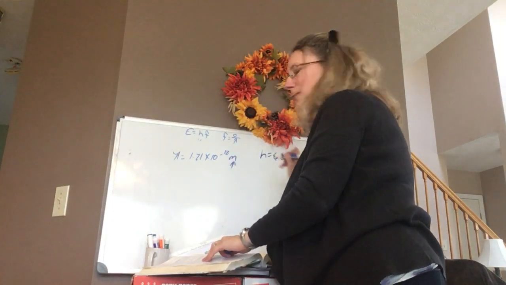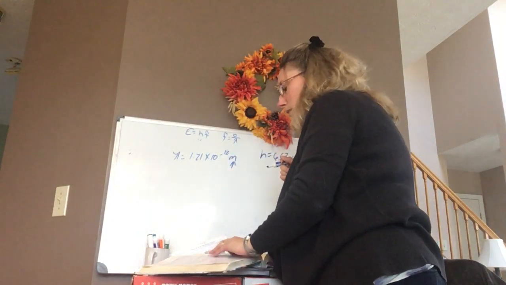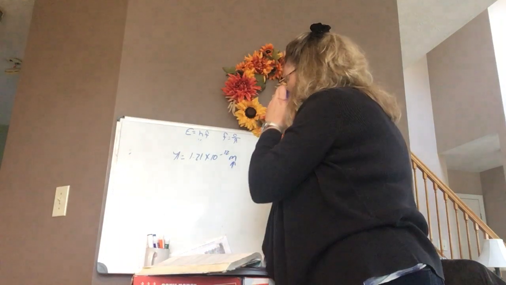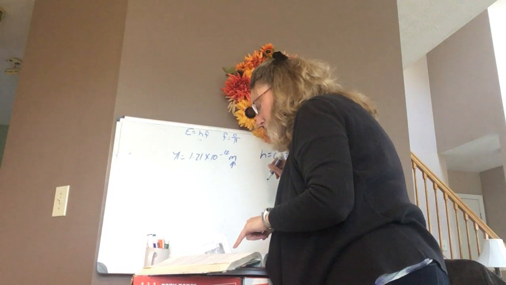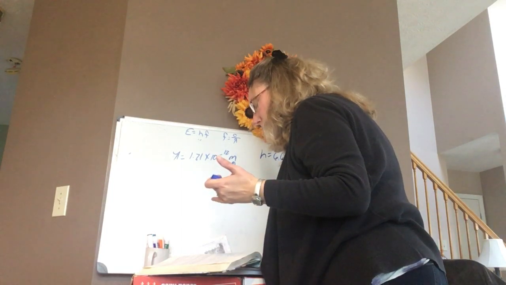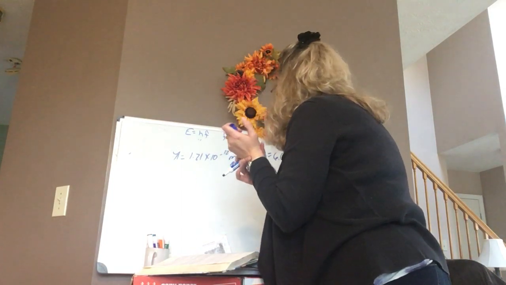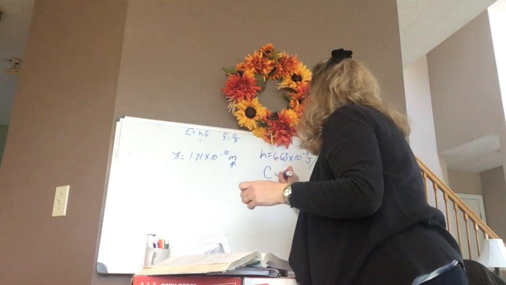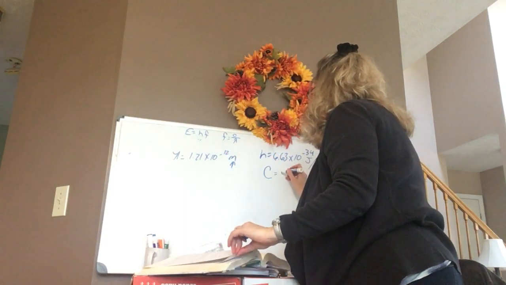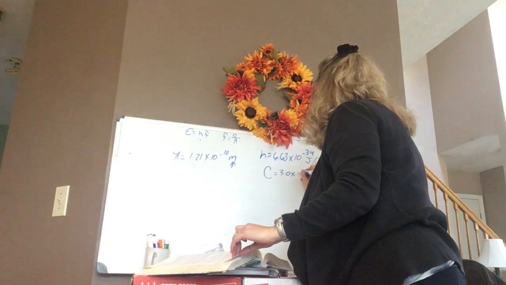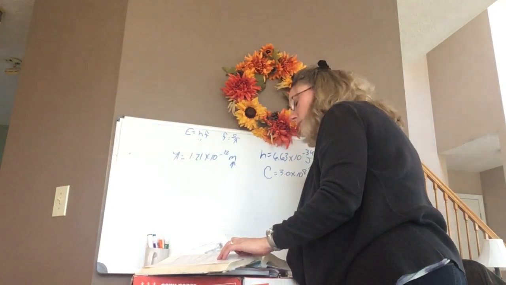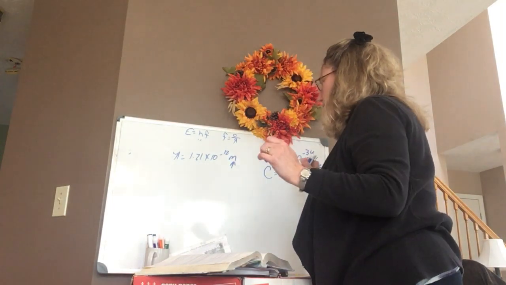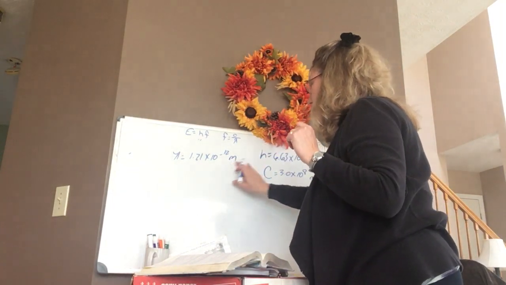Dang it, it's in meters, I have to convert it. What is its energy? Oh, actually, I don't need to convert it, because light, remember, my c equals 3.0 times 10 to the positive 8th meters per second. So it's already in meters. Yay. I was thinking I had to convert it.